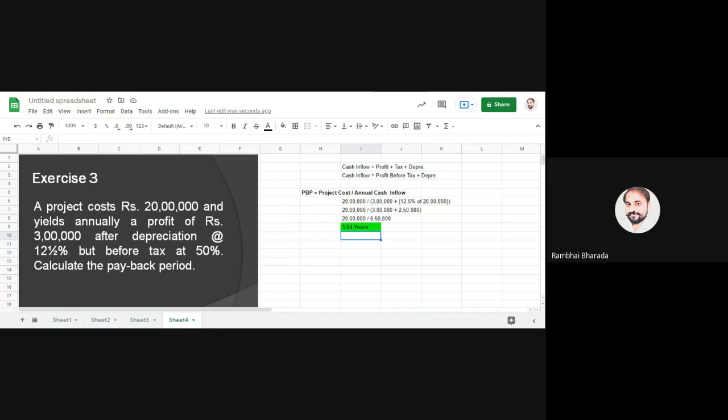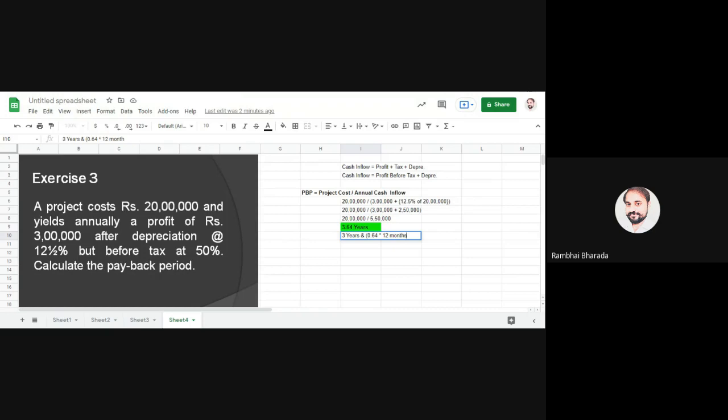Okay. So if you want to convert this point into a number of months, simply 3 years are there. No issue. And whatever the answer you will get after the point, 0.64, we have to multiply into 12, you will get the number of months.